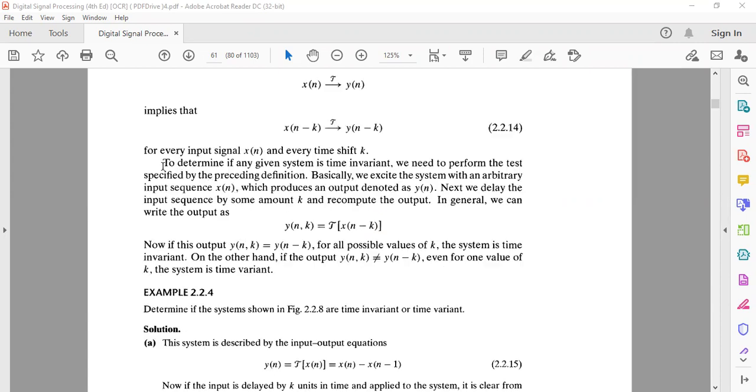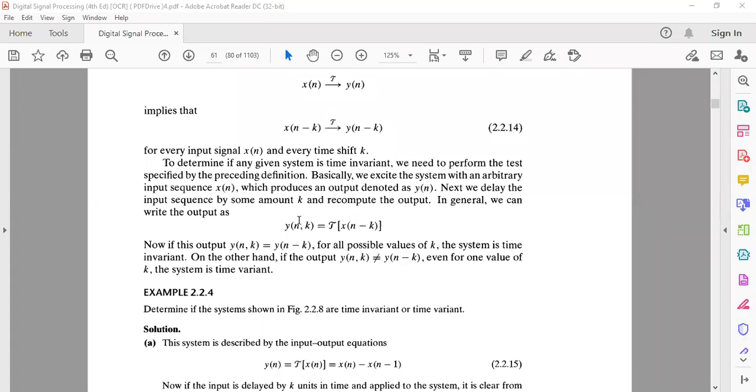We're saying that to determine if any given system is time invariant, we need to perform the test specified by the preceding definition. So we excite the system with an arbitrary input sequence x(n), which produces an output denoted as y(n). Next, we delay the input sequence by some amount k and compute the output.